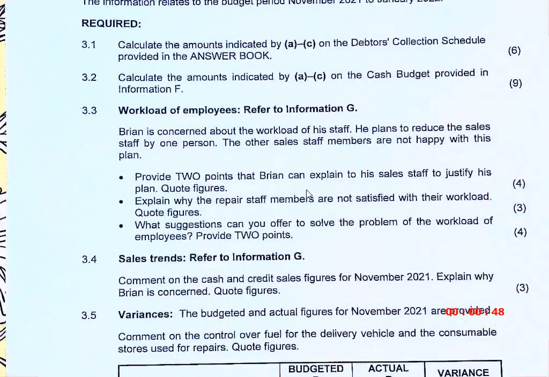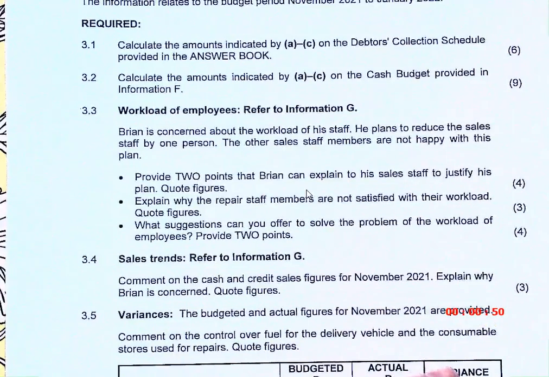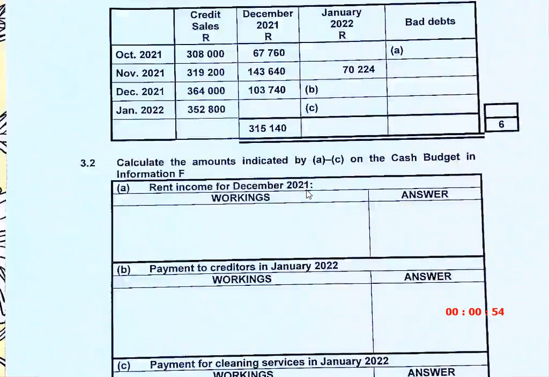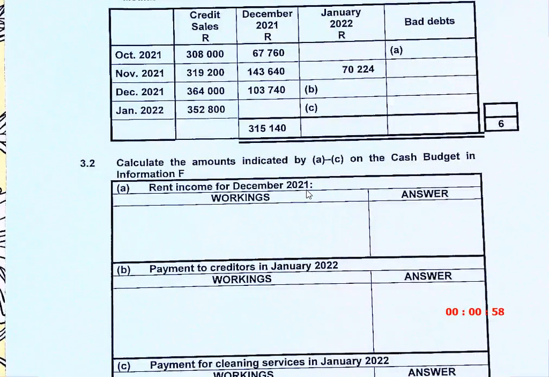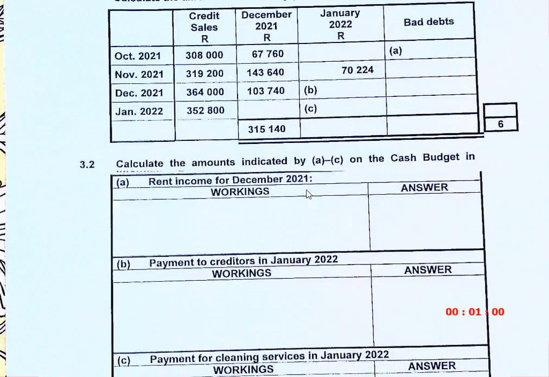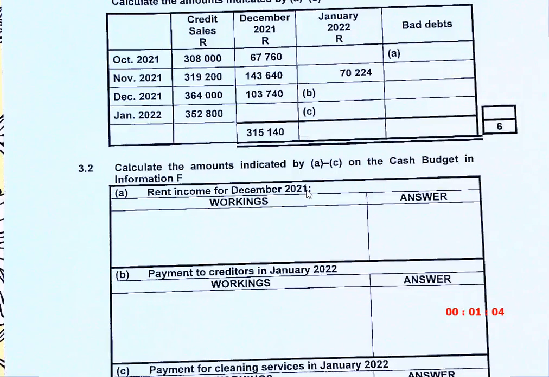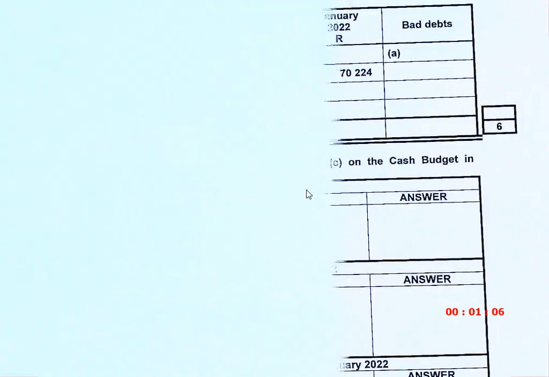Calculate the amounts A to C on the debtors' collection schedule. So now, can you see how nice they did it for you? They already marked it A, B, C. Now, the first thing we need to look at is what they tell me about debtors.